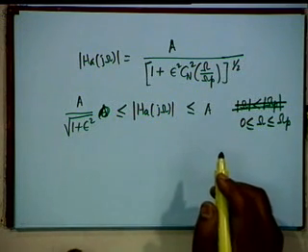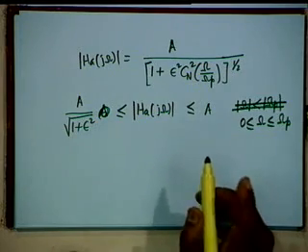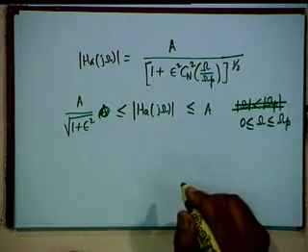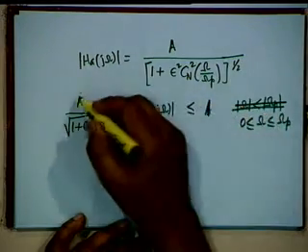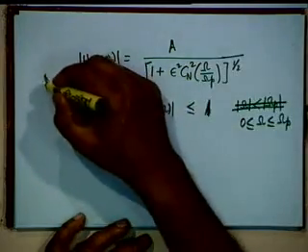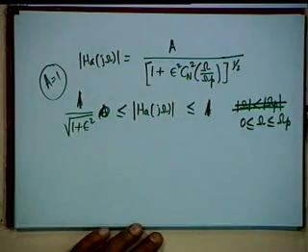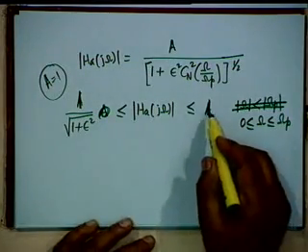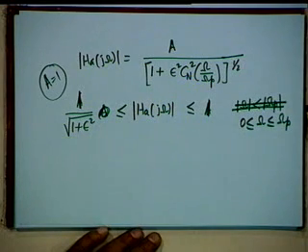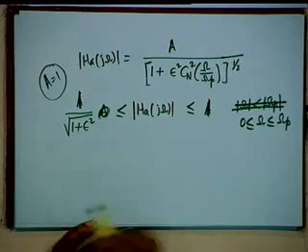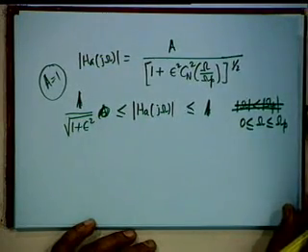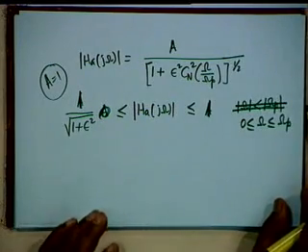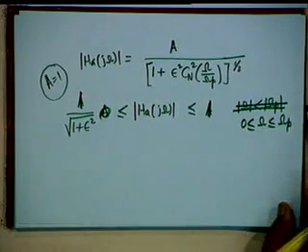And if capital A is normalized to 1, then it shall lie between 1 and 1 by the square root of 1 plus epsilon squared. Now, let us draw a few typical magnitude characteristics, starting with capital N equal to 1.